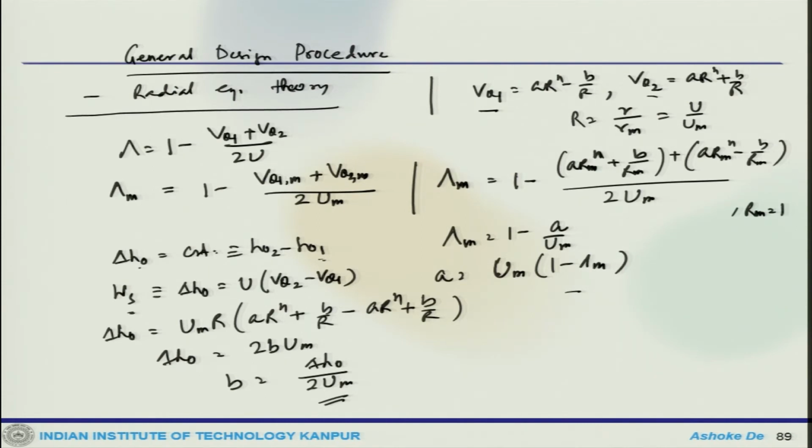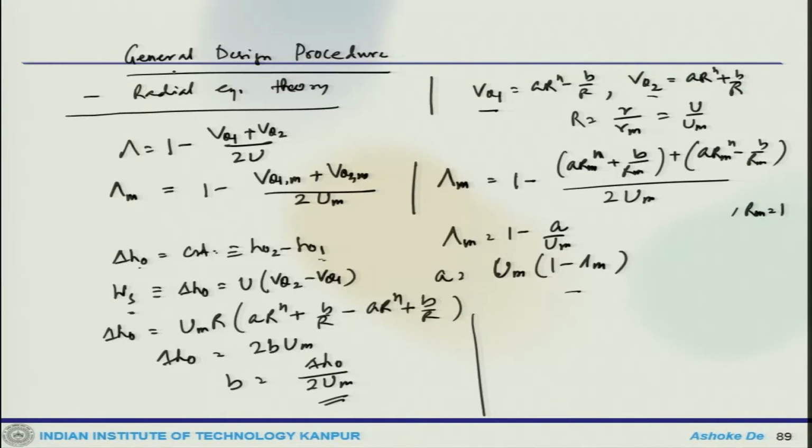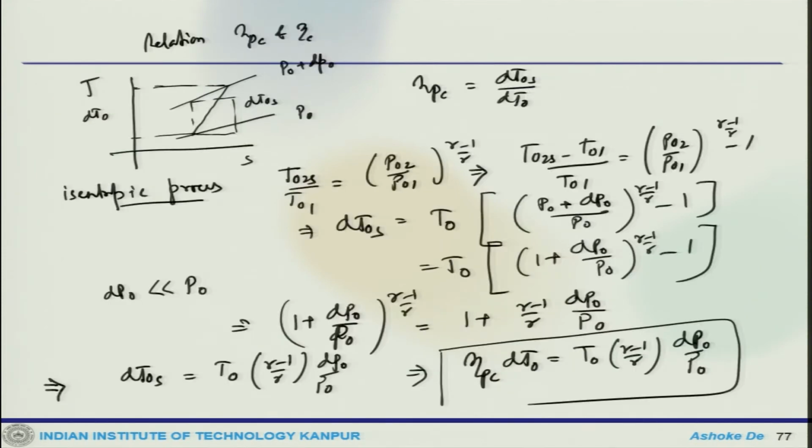Now, we have already seen the radial equilibrium theory, from which we obtained dH naught by dr equal to 0, and that is what we have already got here.